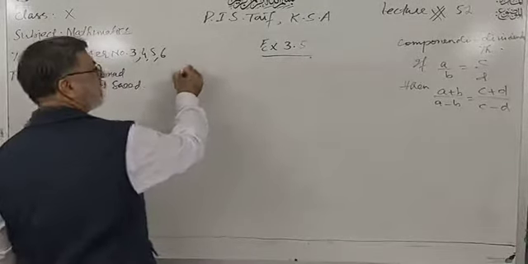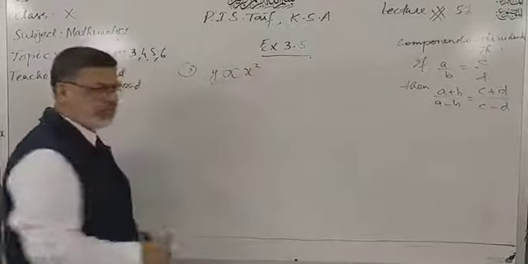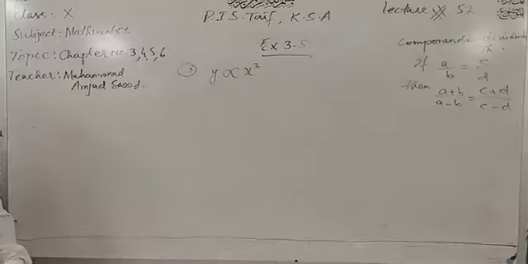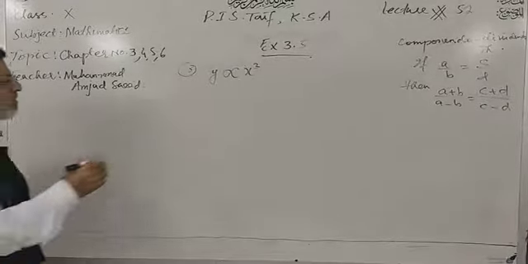Question number 3. If y varies directly as x cube and inversely as z square t.